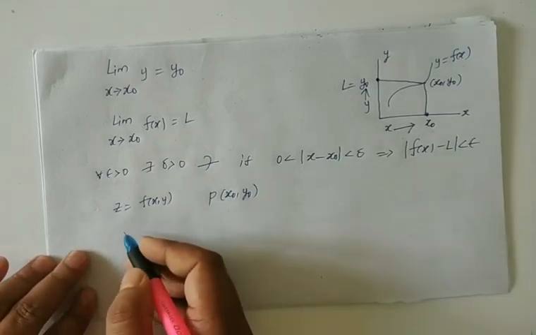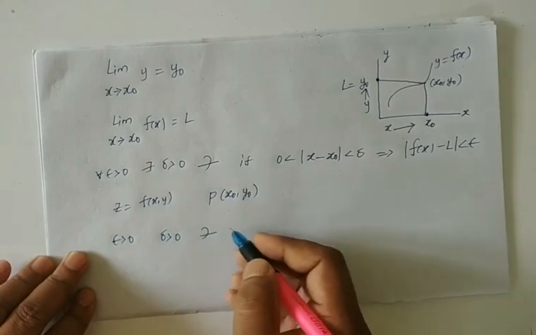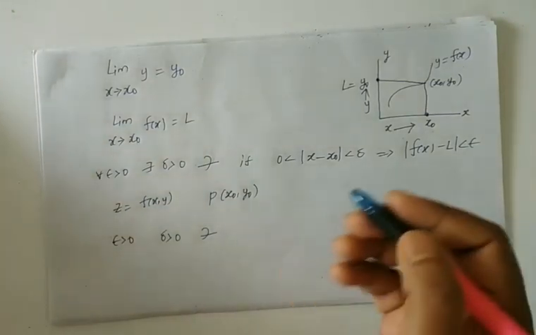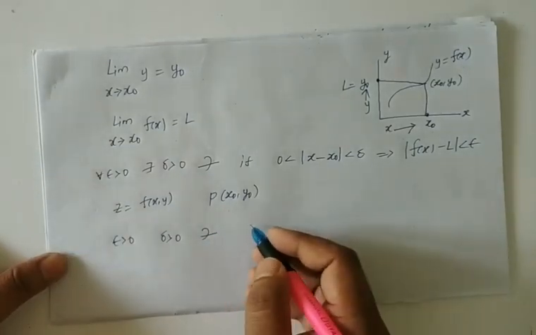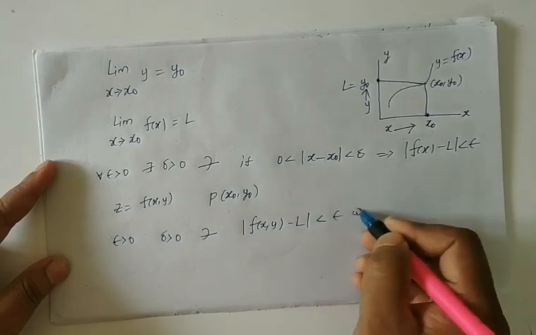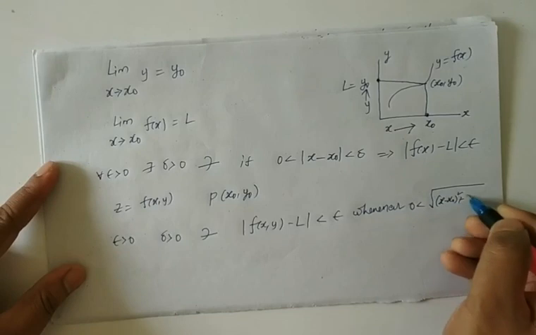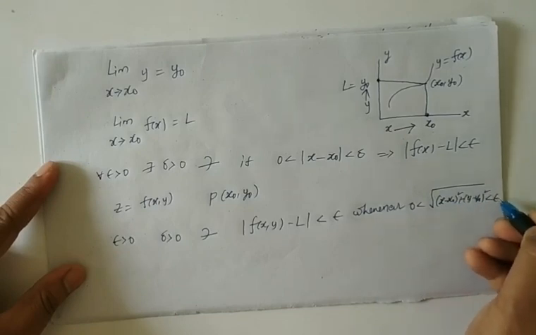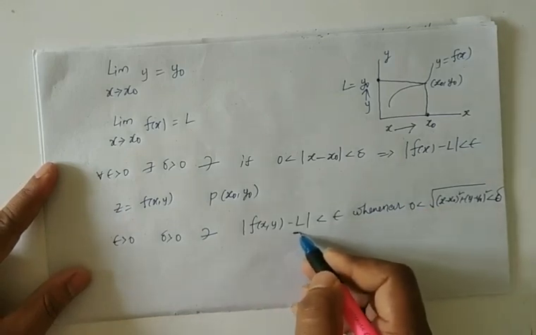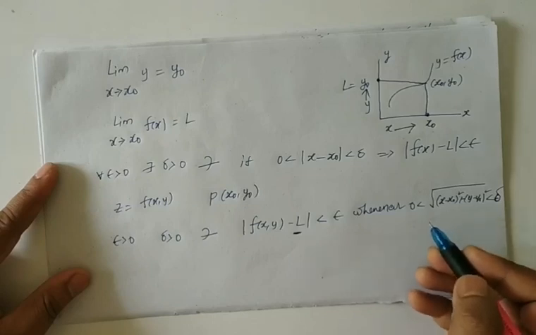If for a given real number epsilon greater than 0, however small, we can find a real number delta greater than 0 such that for every point x comma y in the delta neighborhood of x naught y naught, modulus of f of x comma y minus L is less than epsilon whenever 0 is less than the square root of (x minus x naught) whole square plus (y minus y naught) whole square, less than delta, then the finite real number L is called the limit of the function f of x comma y as x y approaches x naught y naught.